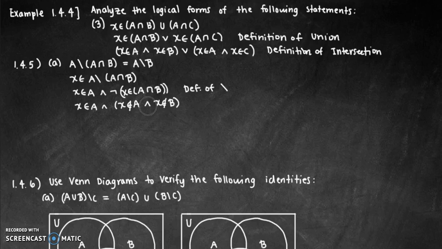Oh, and when we wrote it, this should be an OR by De Morgan's law. Okay, so now we have something on the outside and then two things in parentheses on the inside. So we're going to do the distributive law.